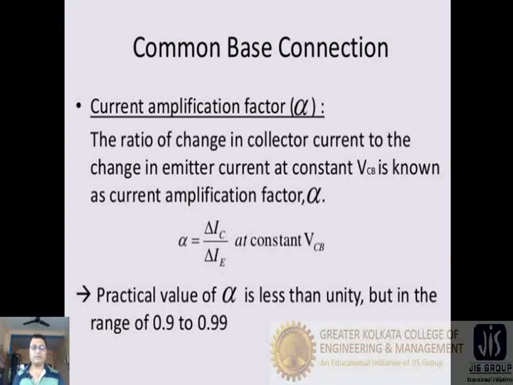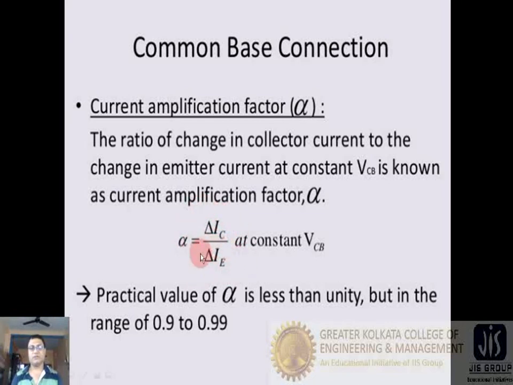The practical value of alpha is less than unity, but the range of alpha can be from 0.9 to 0.99. So alpha is called the current amplification factor for common base configuration. You have to keep in mind it is a common base configuration, that is why alpha is called the amplification factor for a common base, where output current by input current, output is the collector current and input is the emitter current.